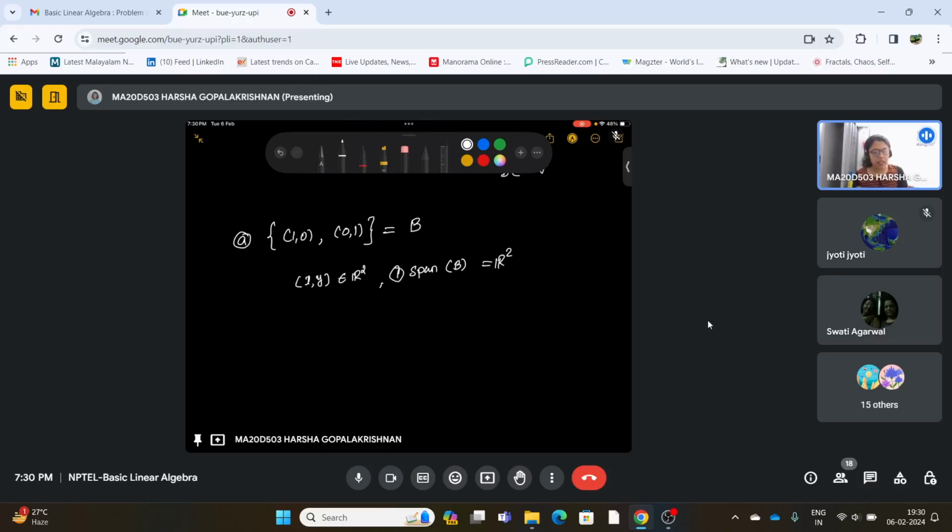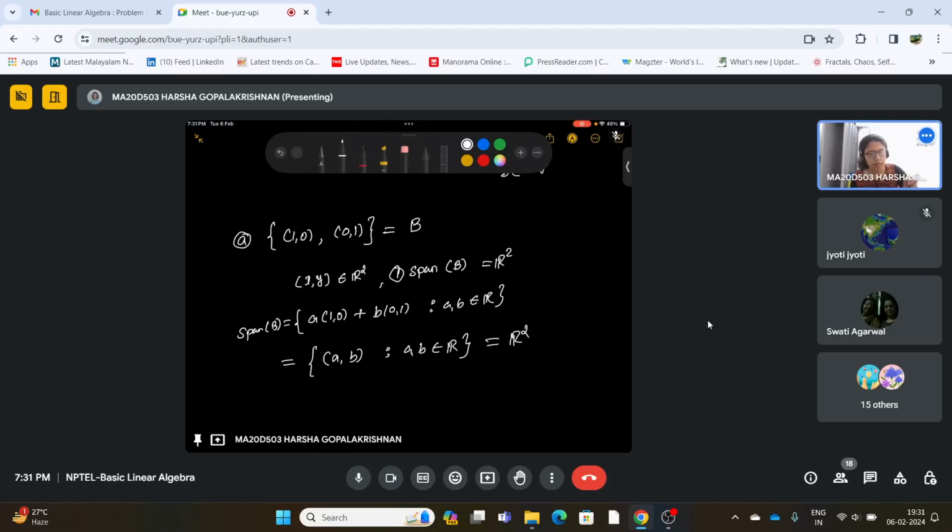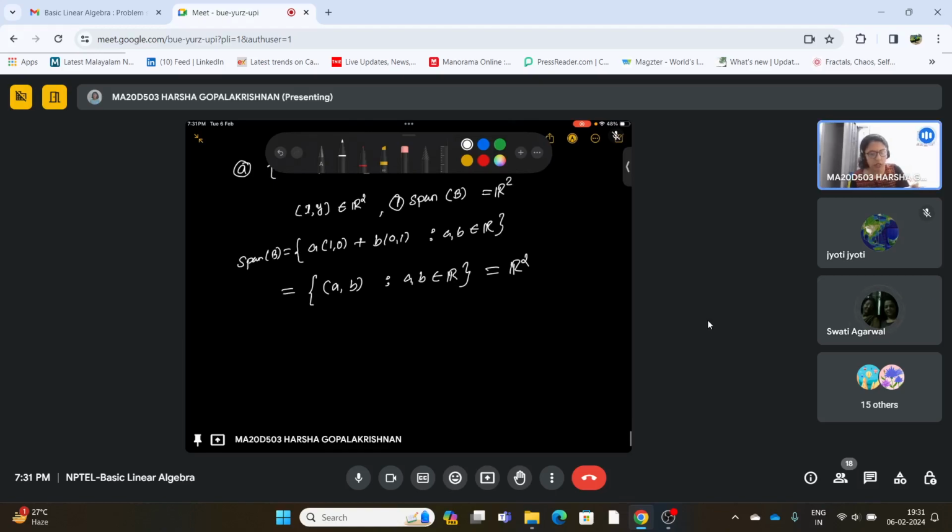Span of B means the set of all linear combinations, that means a into 1 0 plus b into 0 1 such that a, b in R. This is our span of B. What is this? The set of all (a, b) such that a, b in R. This is actually R2.